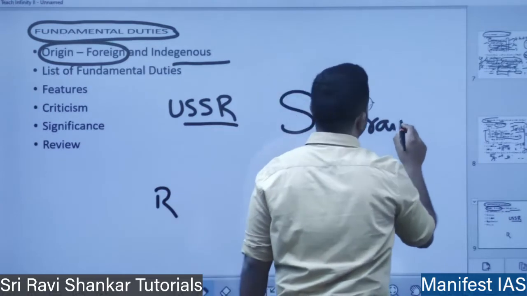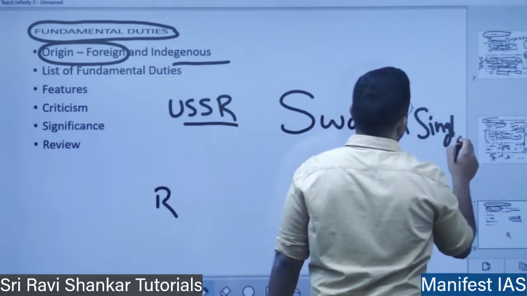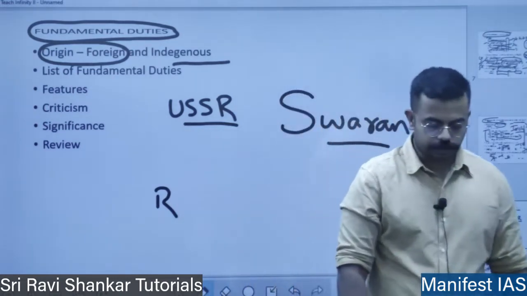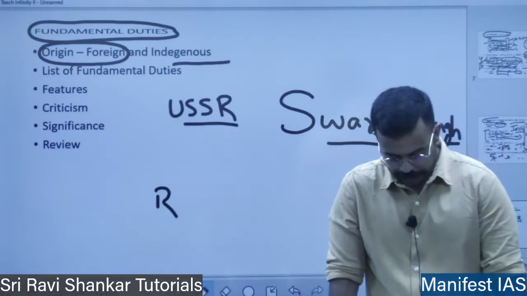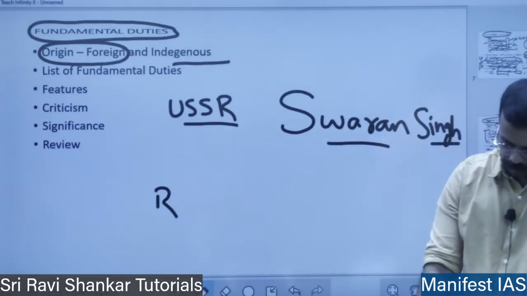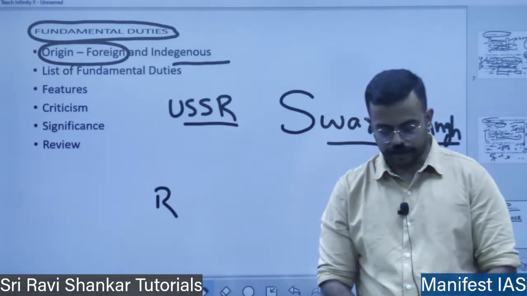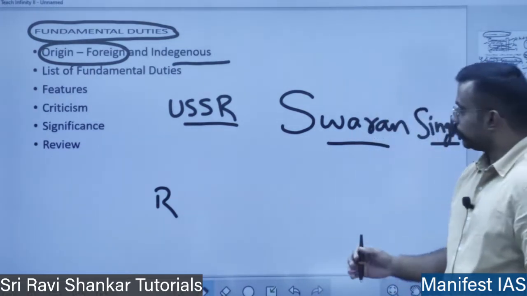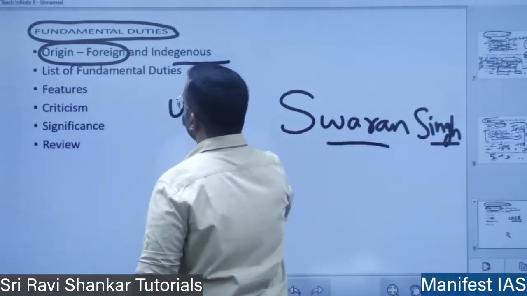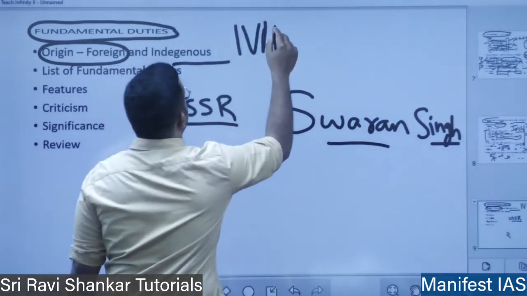The Swaran Singh Committee was formed by Srimati Indira Gandhi ji, and it gave a series of recommendations. So, those recommendations found their concrete form in the form of fundamental duties.